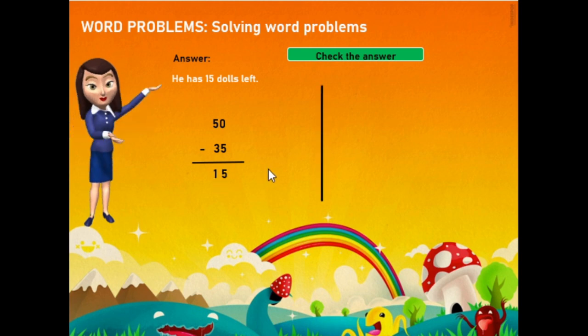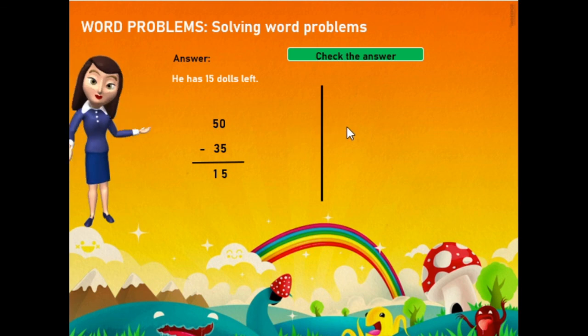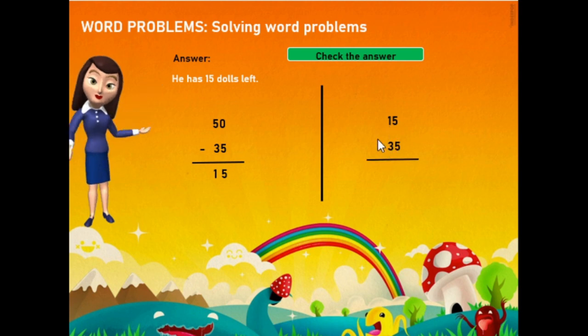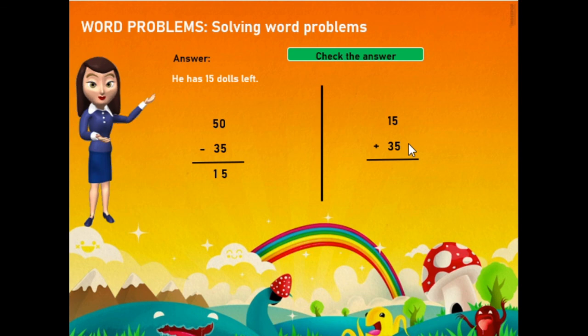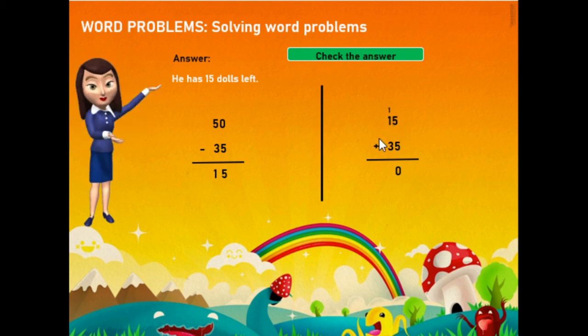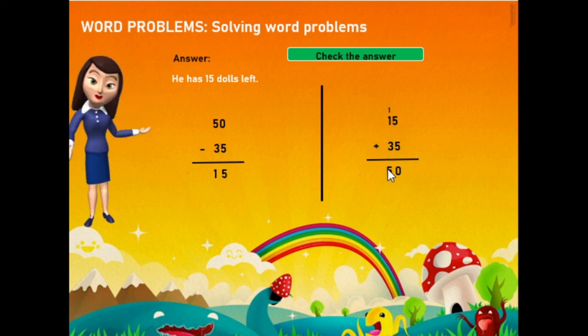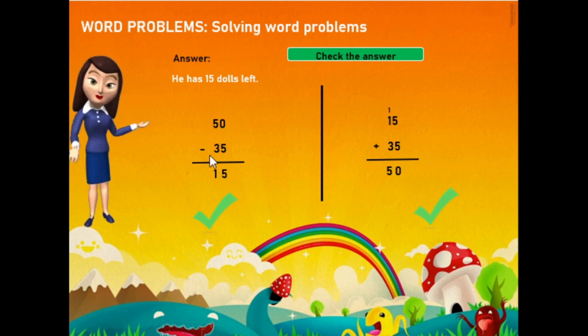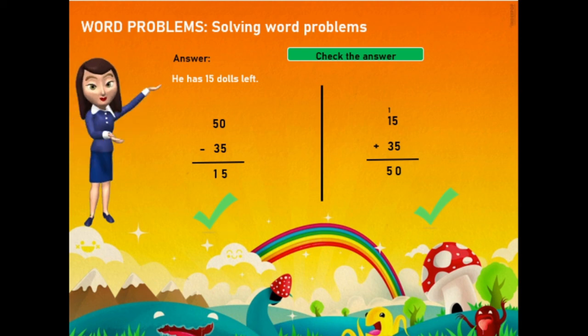Let's check by using addition process. 15 plus 35. 5 plus 5 equals 10. 0, carry 1. 1 plus 1, 2. 2 plus 3, 5. 50 and 50. Your answer, 15 dolls, is correct.